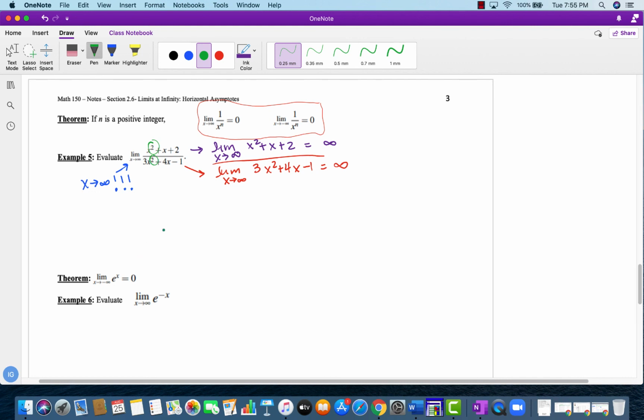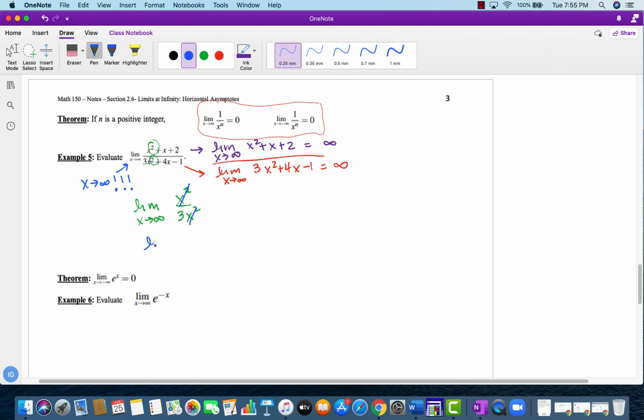So when you have the same highest exponent, you can rewrite this just by using x squared over 3x squared. And then you can simplify this. Okay, that's supposed to be a square. There you go. Then you can simplify here.